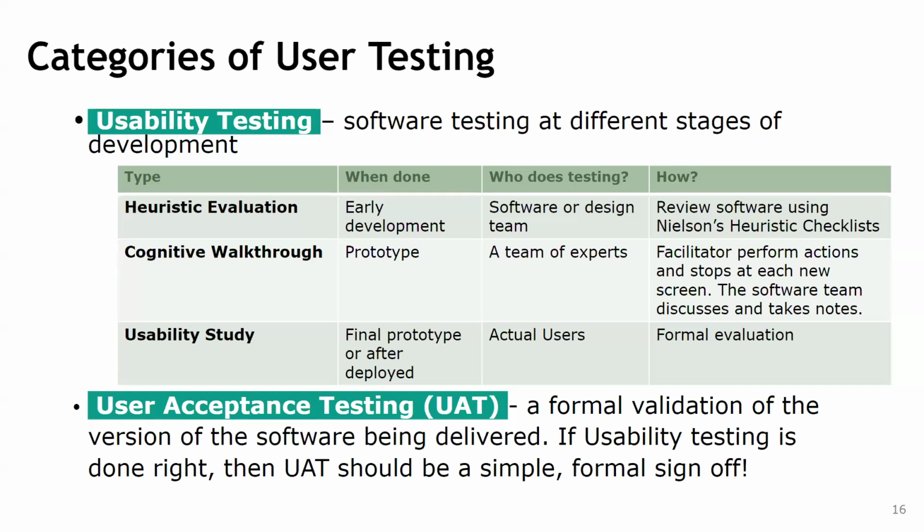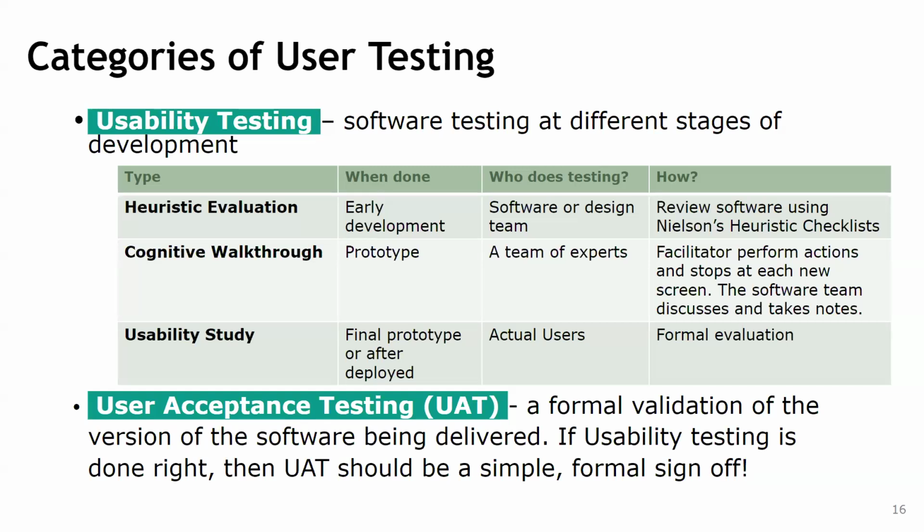the software development team, it can be your designers or the developers, will use the heuristic checklist to evaluate whether their software is usable or not. So in this case, the software is not yet developed. We're using the prototype or the design templates to evaluate whether the software will be usable or not.